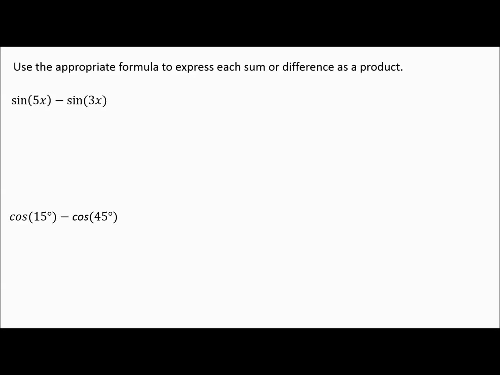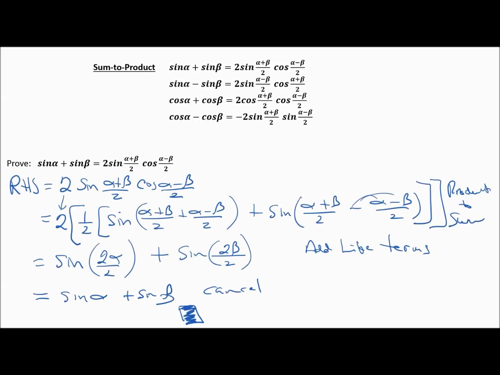Let's go back to our formula list and find sine minus sine. Notice that's the second one. It says we're supposed to do 2 sine of the two angles subtracted divided by 2, times cosine of the two angles added divided by 2.